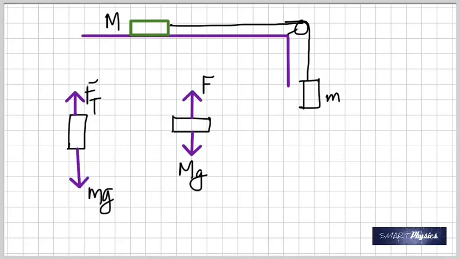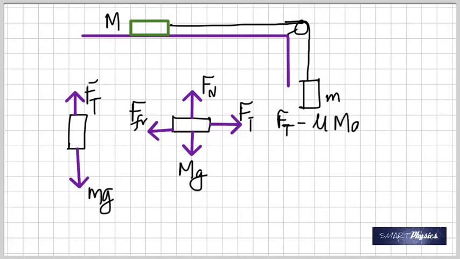Now on the second object, the forces acting are its weight acting down and the normal reaction. You also have the tension acting along the string and friction in the opposite direction. This is the application of Newton's law to the bigger object. Looking at the forces along the x-axis, there are two forces.